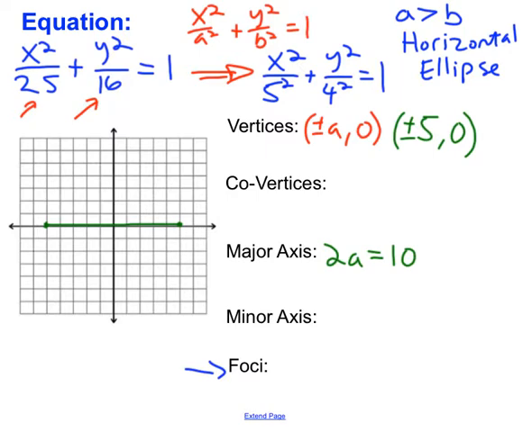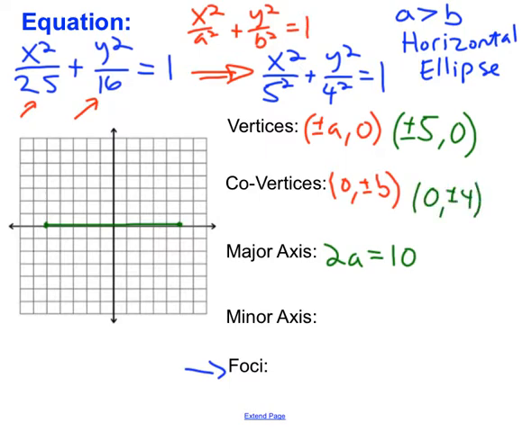Okay, now what about our co-vertices? Well, those are located at 0, plus or minus b, because this is, again, a horizontal ellipse, and our minor axis, our co-vertices, will be on the vertical axis of the ellipse. If we go back to our equation, b is in the position of 4, so this will be at 0, plus or minus 4.